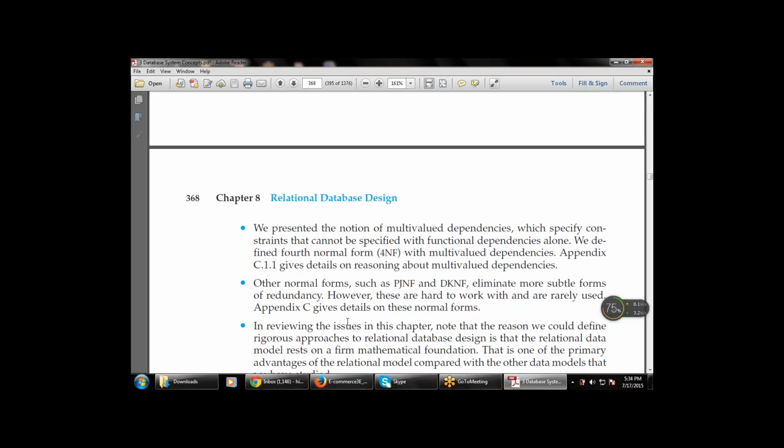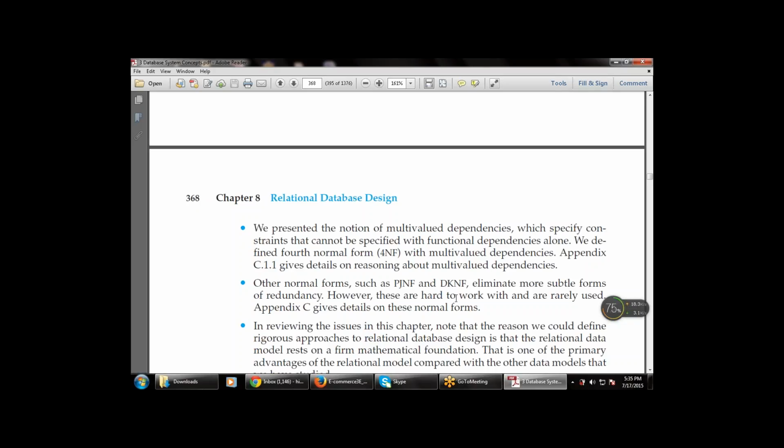And there are multiple other normal forms also available, that is PJNF, the project join normal form, and the domain key normal form, that are also used for functional dependencies alone.